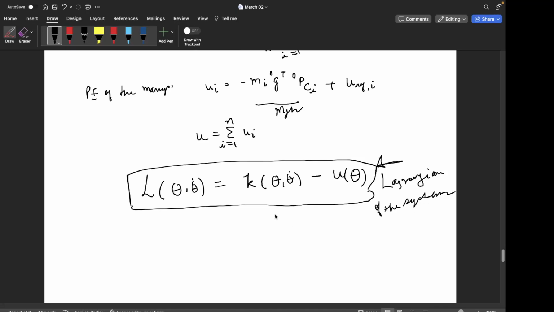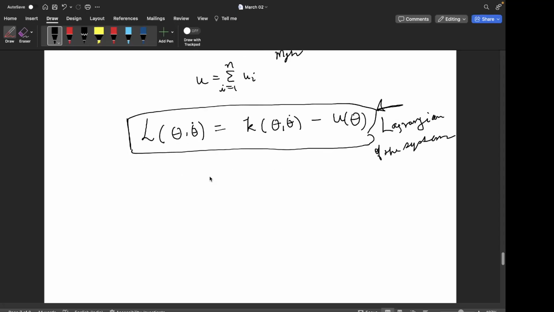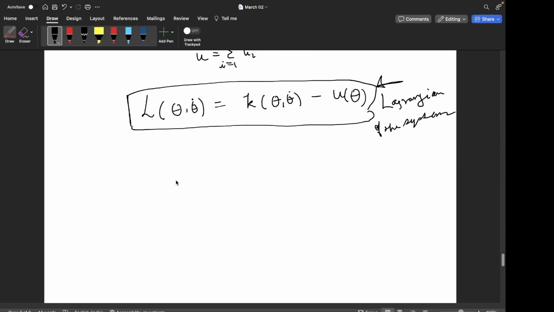Now there is a whole derivation process of finding the equation of motion using the Lagrangian, but it's out of scope of this course.